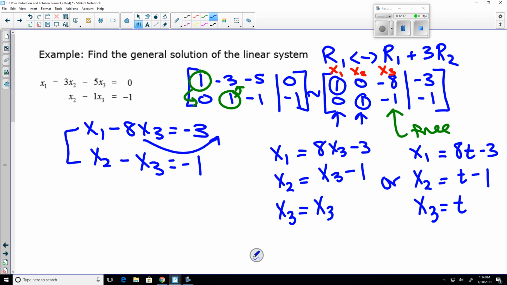Can't pick those because they're already used. So that's the general solution, and it's written in this parametric description form. Okay.